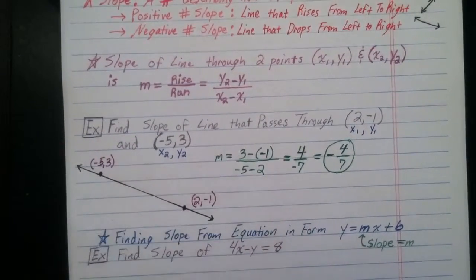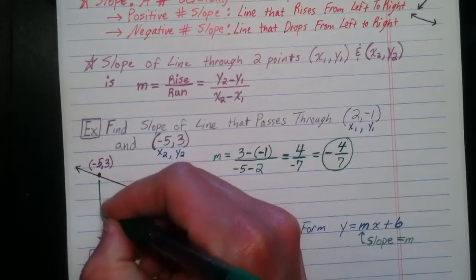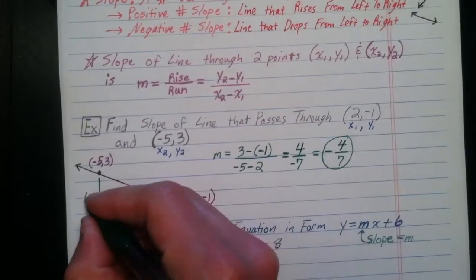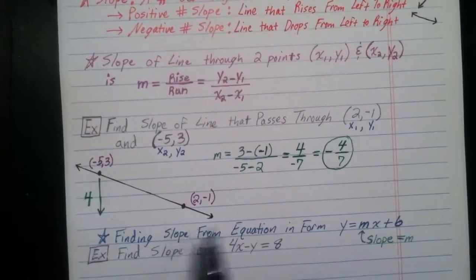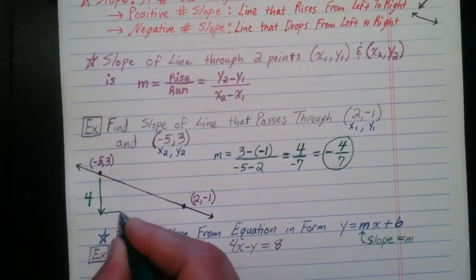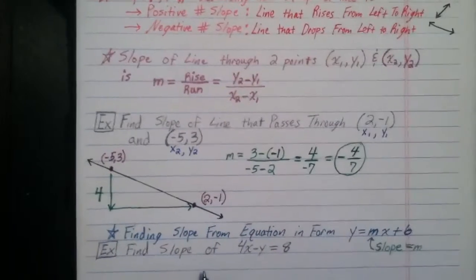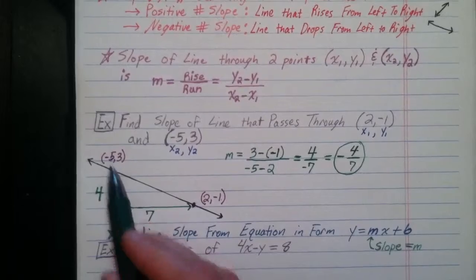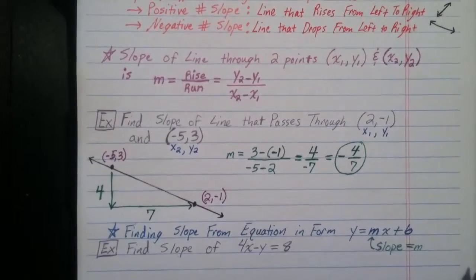So if you were actually to count up the grid marks on your coordinate plane, you would see that you're moving downwards 4 units to get from 3 down to a negative 1 in your y coordinates, and then you'd be moving to the right 7 units to get from negative 5 as your x coordinate to positive 2 as your new x coordinate.